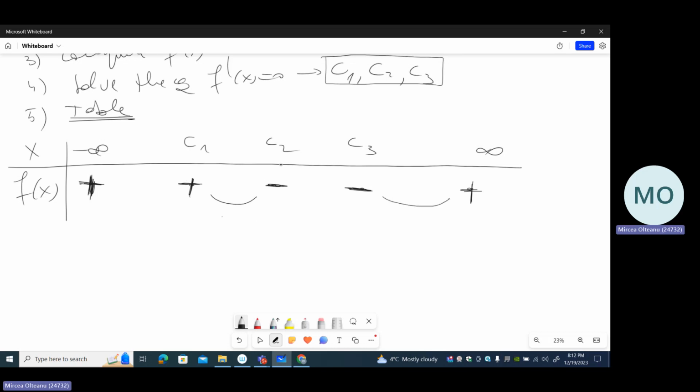For example, in this hypothetical table, the equation f of x equals 0 has two solutions, x1 between the numbers c1 and c2, and x2 between c3 and infinity. Anyway, we know how many real solutions the equation f of x equals 0 has, and moreover, we separate them. I mean, we know an interval for each solution.